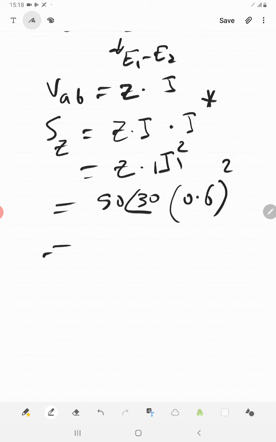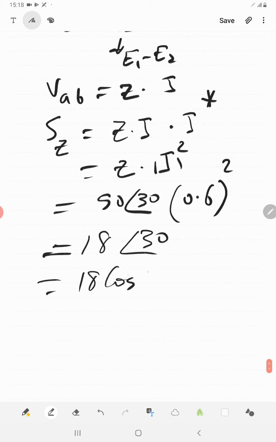You can calculate it using your computer or telephone. Let me just do it with you here. Okay, we have 18 angle 30. So we have 18 cosine 30 plus j 18 sine 30.